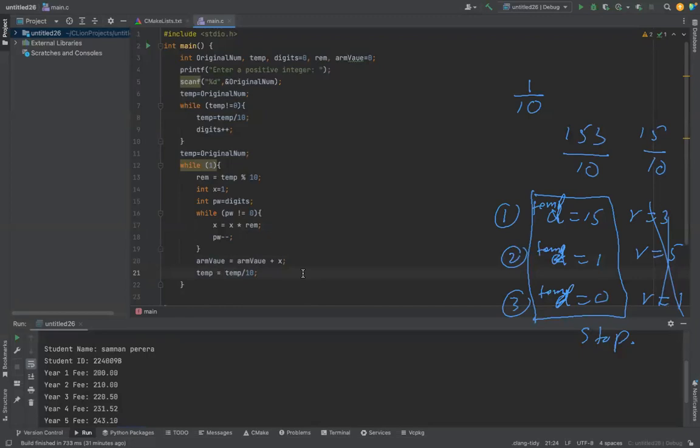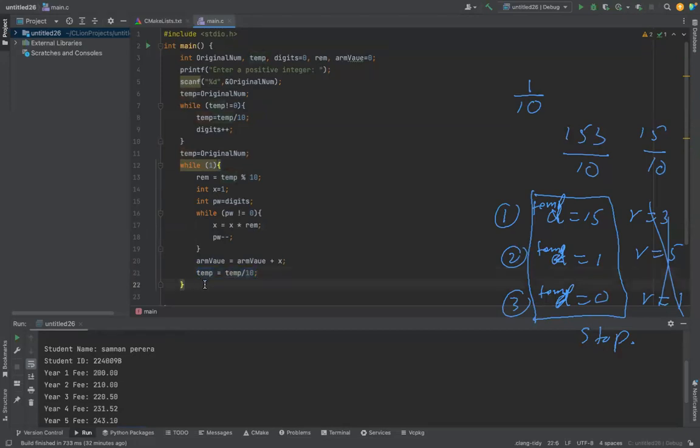Again temp is equal to temp divided by 10. Now the remainder is 1. Then 1 into 1 into 1, that means 1. It will be added to the Armstrong value. Then again temp divided by 10, that means 1 divided by 10, temp is 0.